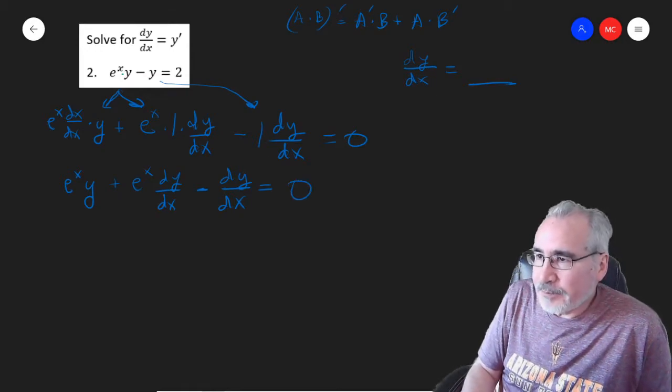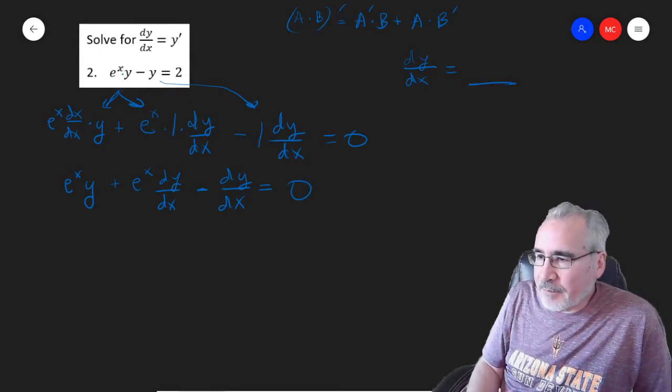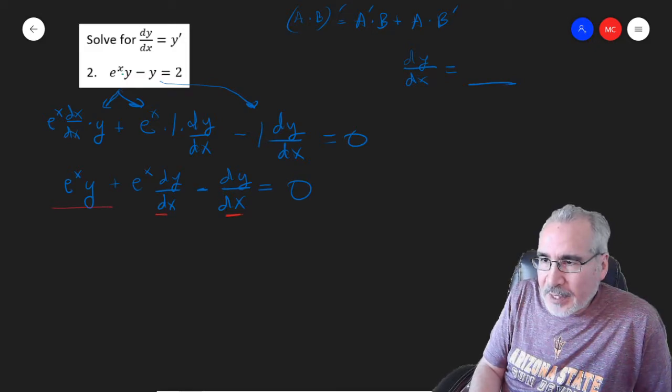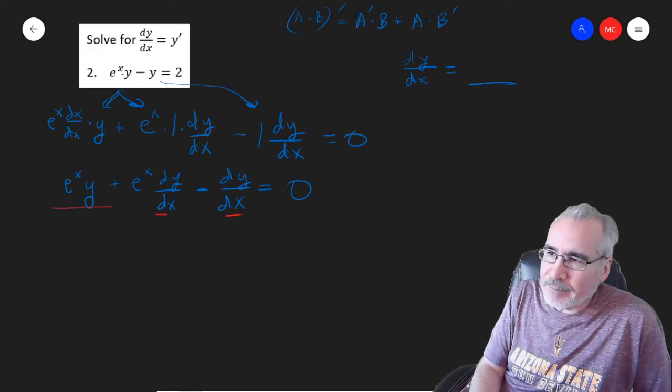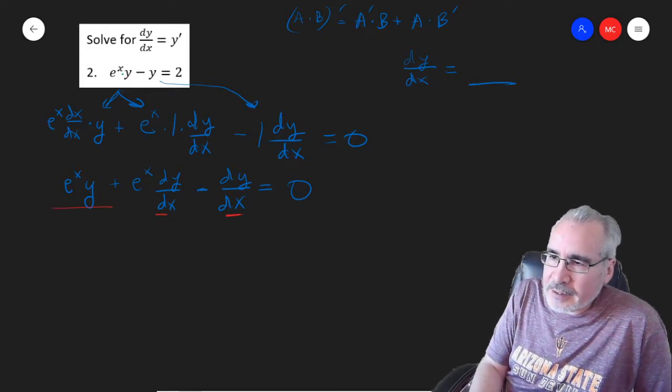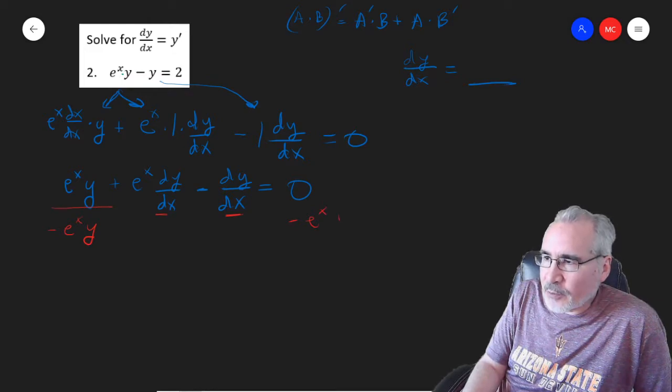Okay, equals 0. Now remember from the last time, what we're trying to solve for is dy dx. So this term here does not have a dy dx, so let's get it out of the way. Now you could also distribute first, but what I find is let's get everything with the dy dx on the same side, and everything that's not dy dx moved over to the other side. So we're going to subtract e to the x y.